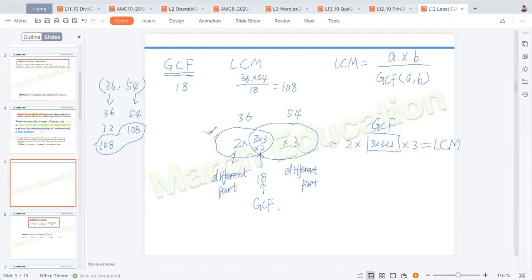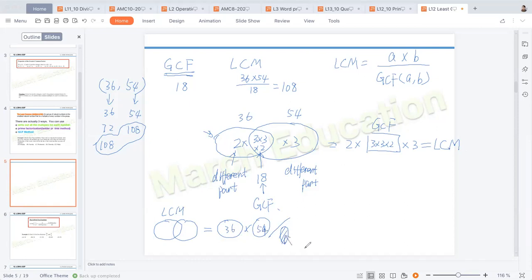And from this Venn graph, we know the LCM equals this times these two, minus this, right? So in multiplication, this should equal this times this, divided by the middle part.